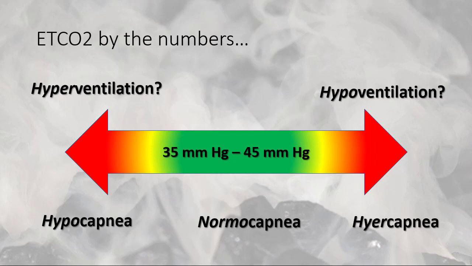And therefore, even with normal ventilation, your end-tidal CO2 may be much higher. The exact opposite is also true. In shock states, in hypothermia, your CO2 production may be markedly less, even though your respiratory rate is normal.